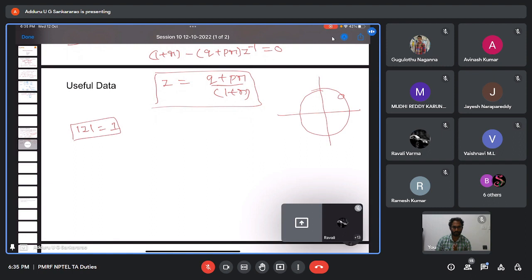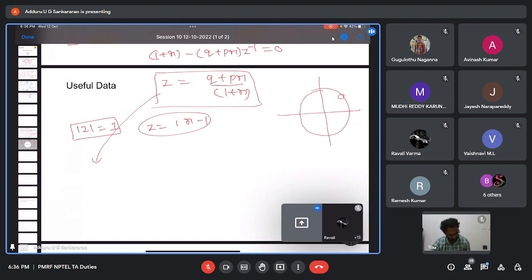So this is the option, like mod z should be 1. So from here you can say z can be 1 or minus 1.